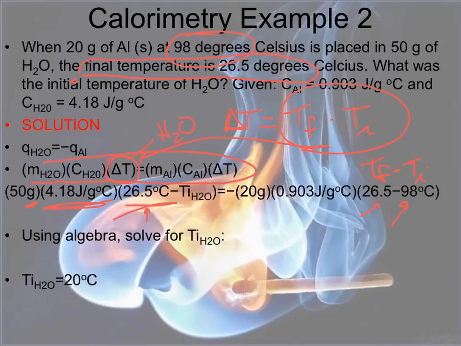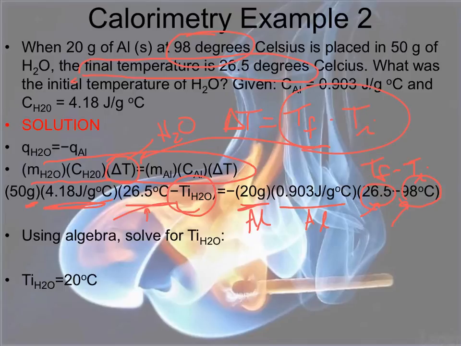So, let's plug in all the other data we know. 20 grams of aluminum, the specific heat capacity of aluminum, and final temperature of aluminum, and initial temperature of aluminum. And so now it's a matter of rearranging to solve for what you don't know.